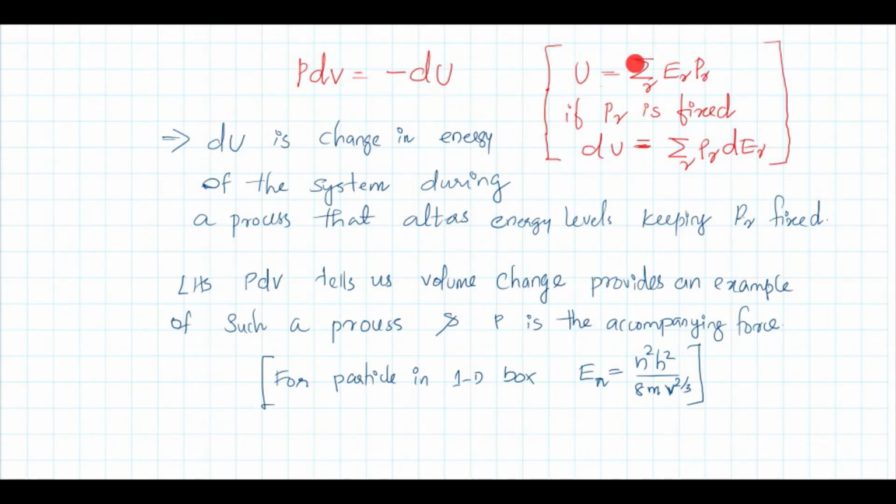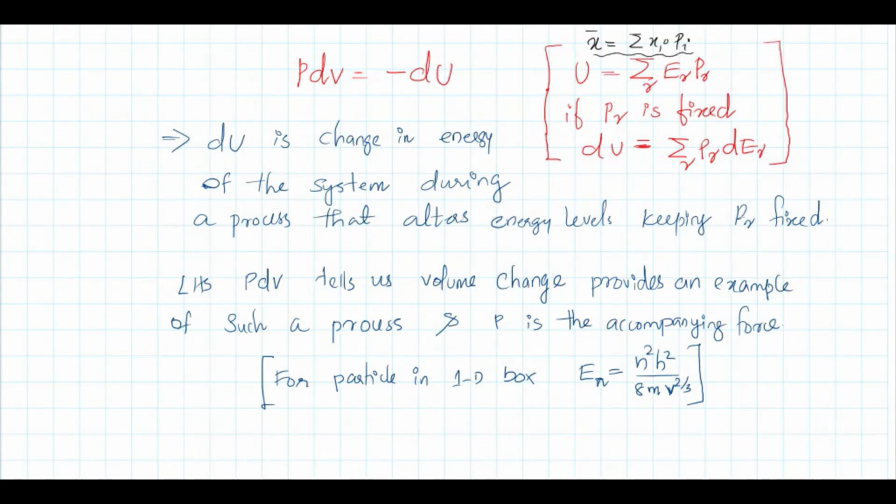If you want to find the average number of particles, then that will be sigma R NR PR. So the average of any quantity in the system, say x bar, you can write as sigma xi pi.